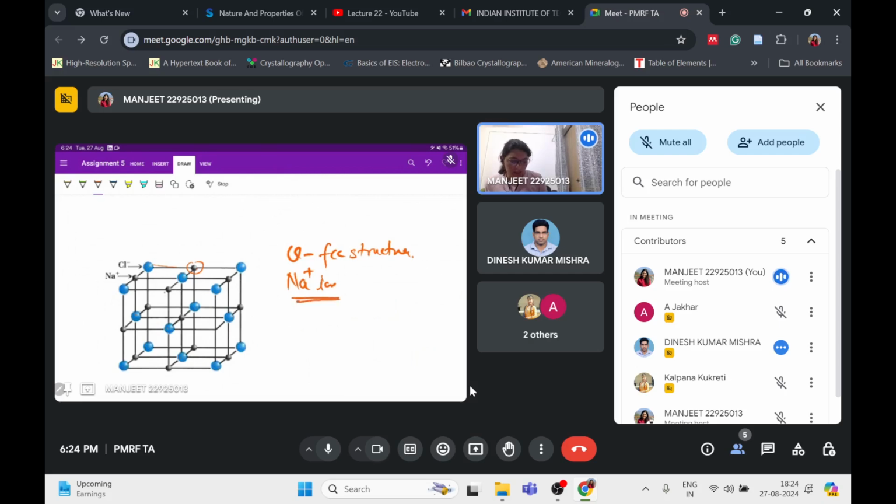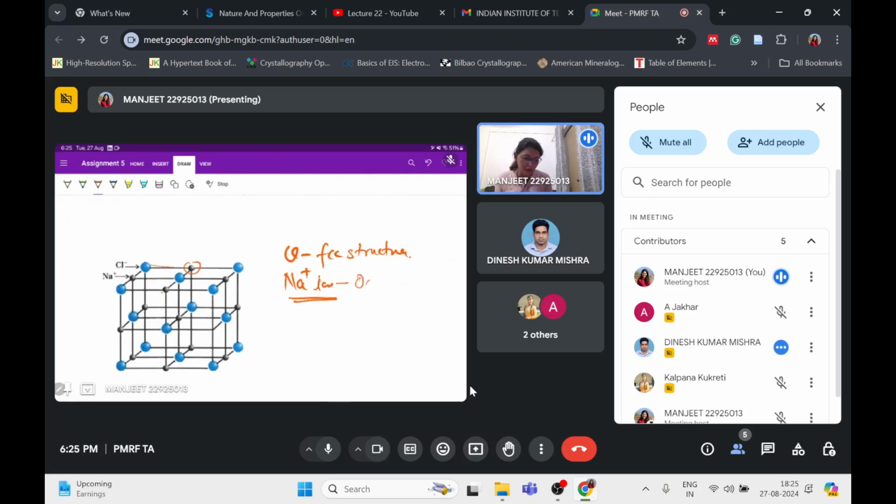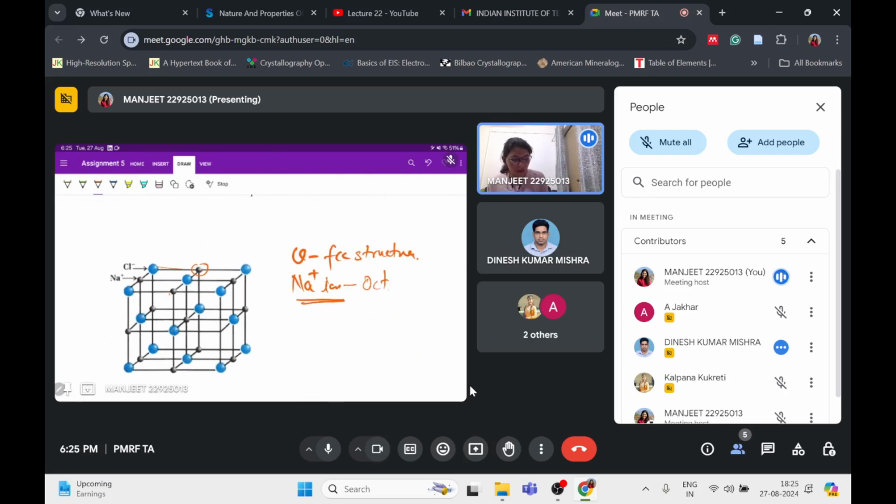So if the Na positive atom is occupying the edge center, that will be the octahedral position, because it is the closely packed one. For the closely packed, the octahedral position will be the edge center, and the tetrahedral will be on the diagonal. So Na positive will be occupying the octahedral position.